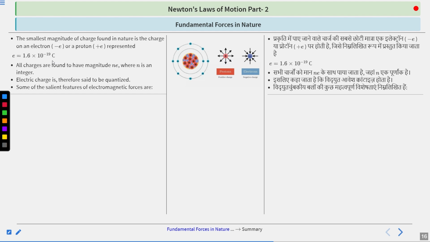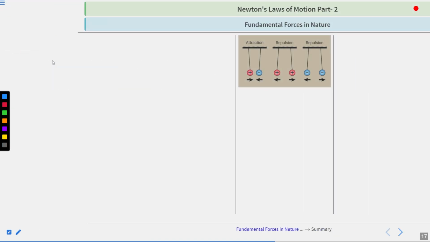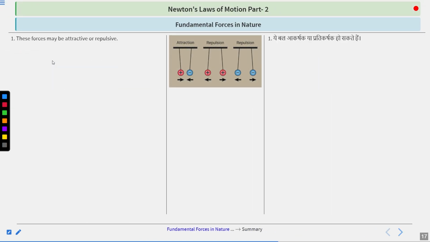Some of the salient features of electromagnetic forces: these forces may be attractive or repulsive, as we have just seen. Whenever the charges are unlike, one positive and another negative, they always have an attractive force.